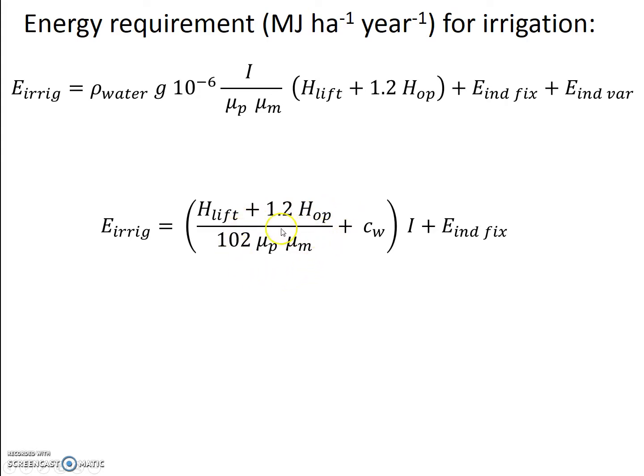This would include the efficiencies for the pump and the motor, and the coefficient of energy required for desalination and transport of water. Then we would have a component that is indirect and fixed, related to the manufacturing and installation of the irrigation system.